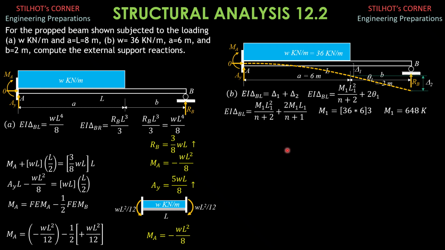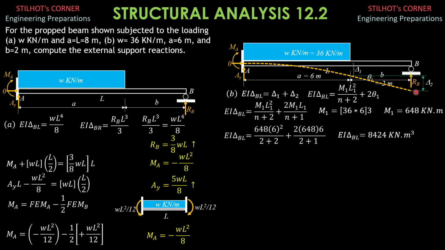So M1 equals 648 kilonewton meter. So substitute here, L1 is 6 and n is 2. So the delta B due to the load is 648 times 6 squared over 2 plus 2, plus 2 times 648 times 6 over 2 plus 1. So due to the load, the deflection is downward, and the value of EI delta B due to the load is 8424 kilonewton meter cubed.